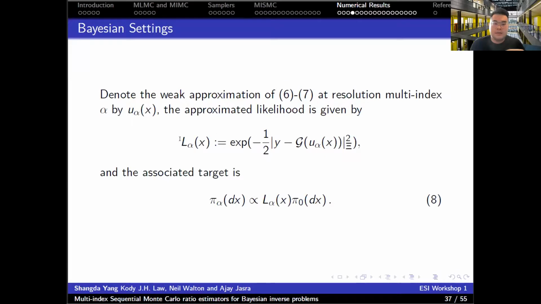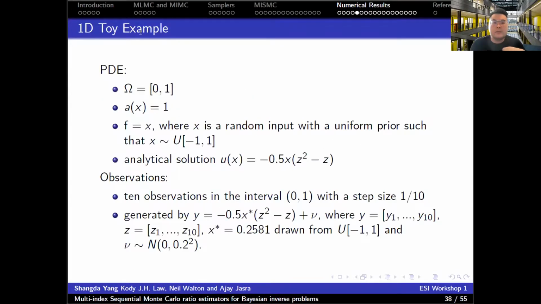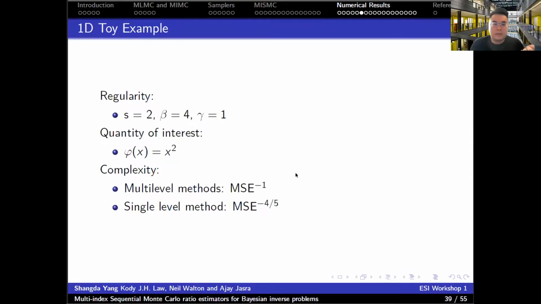This is the likelihood, and this is the target distribution. First is a 1D toy example, which has an analytical solution like this. We do the observation over 10 points, and our regularity assumption is s equals 2, beta equals 4, and gamma equals 1.